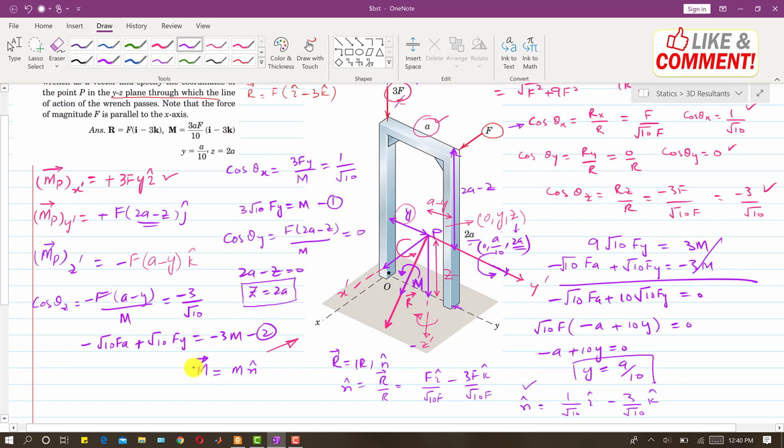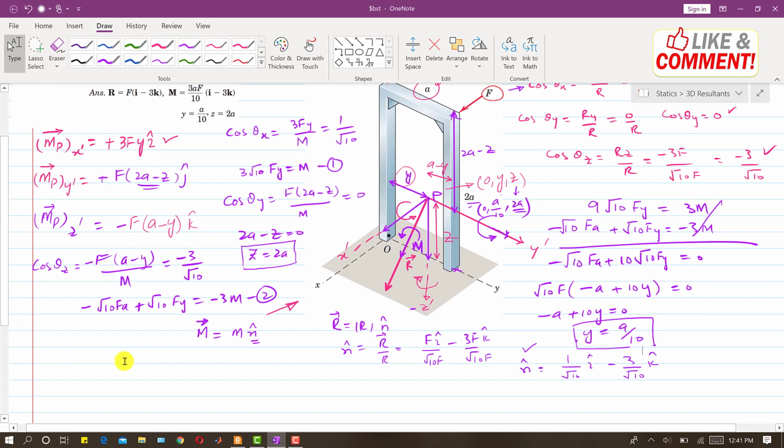So if you want to represent the moment associated with this wrench, the unit vector of the resultant and this moment will be the same, and now we need to find the magnitude of this moment by using these two equations. Since we know this y coordinate, we can find that M as well. If I put the y coordinate value in this equation number 1, M will be equal to 3 square root 10 F, and y is a divided by 10.